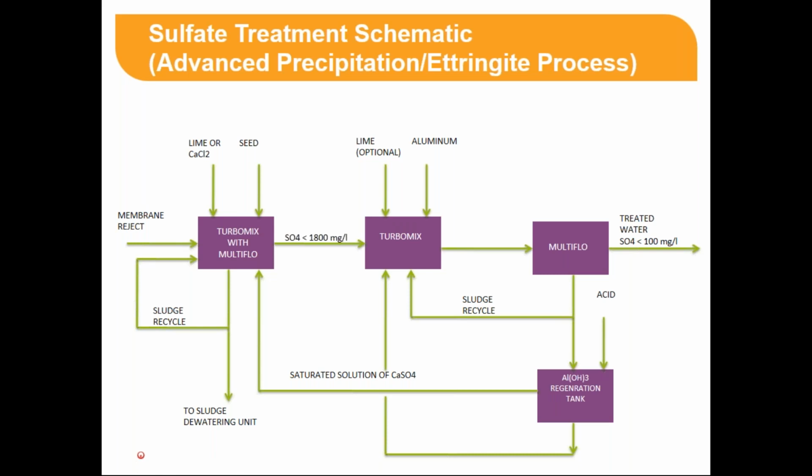That overflow, rich in calcium and sulfate, is sent back to the first stage desaturation process, where we remove it from the system as calcium sulfate sludge. And the regenerated gibbsite is mostly recycled back to the turbomix tank in ettringite, and you use that to reduce your sulfates and reduce the amount of fresh aluminum hydroxide addition.